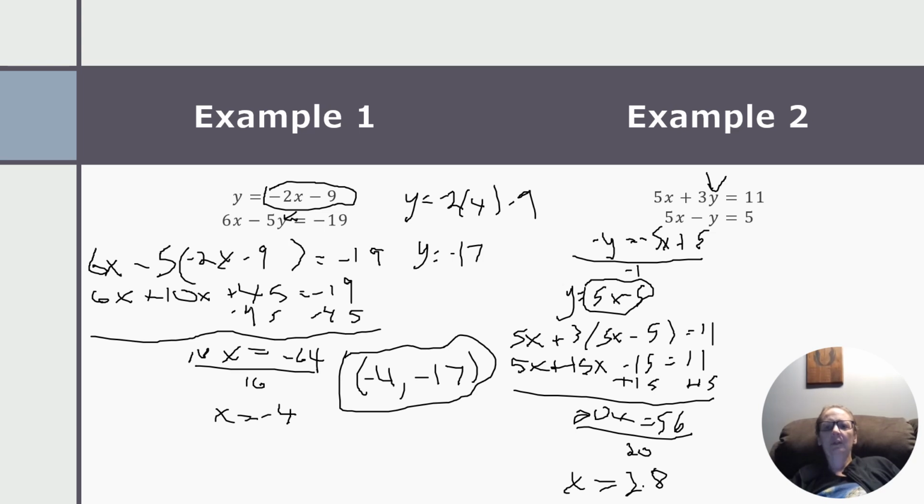So I'm going to plug that value into the equation that I solved for y. So I have y equals 5 times 2.8 minus 5. So I'll figure that out. 5 times 2.8 minus 5 is 9.